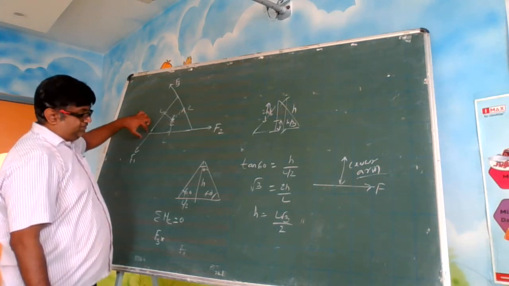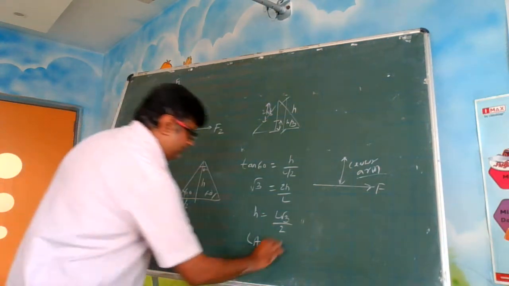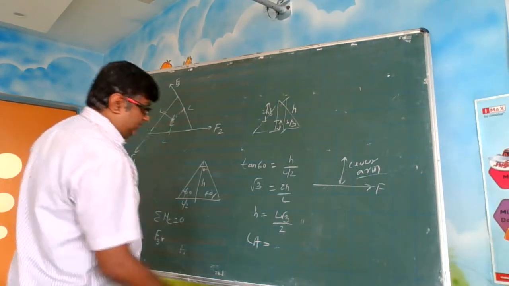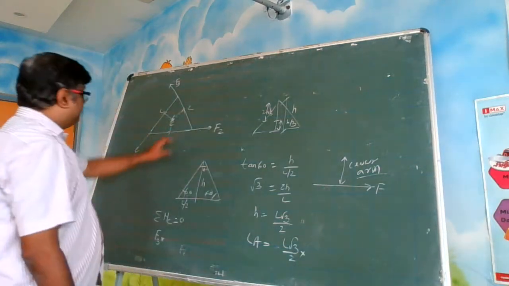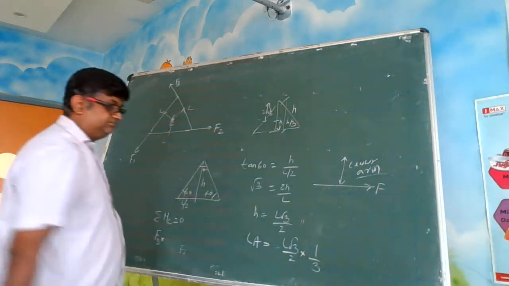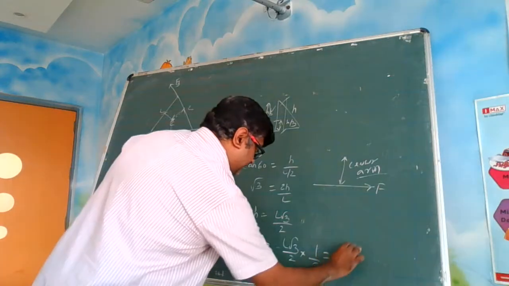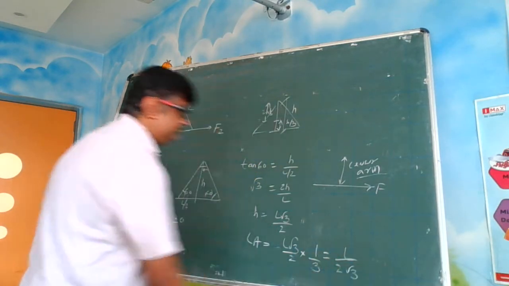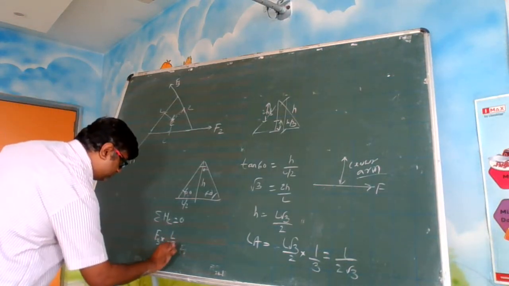This total height is given as L root 3 by 2. So my lever arm LA will be, calculating from the base, h divided by 3, so this is L root 3 by 2 into 3, which becomes L by 2 root 3. So F3 into L by 2 root 3.